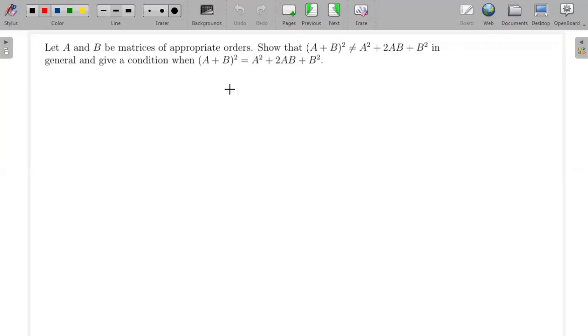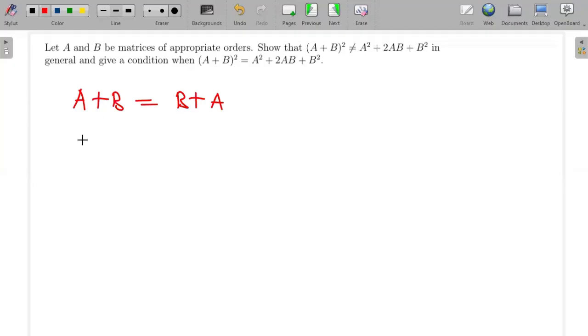Okay, so let's discuss some of the properties of matrix operations. The first one is the one that involves addition. If A is a matrix and B is a matrix, then A plus B is the same as B plus A. So in short, addition of matrices is commutative.